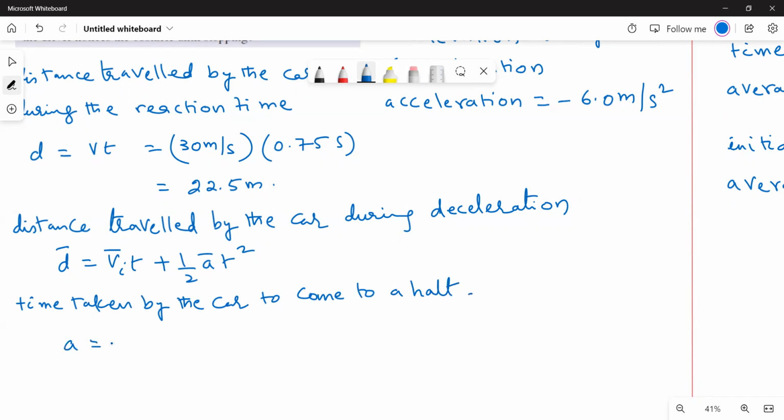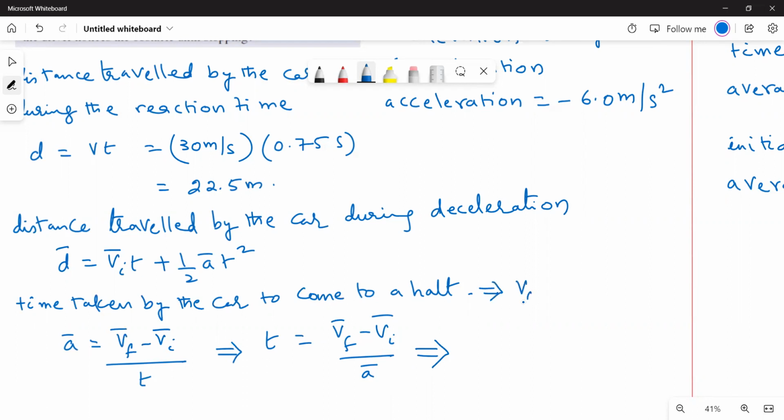A is equal to Vf minus Vi over T. So from this, we write T is equal to Vf minus Vi over A. Vf is 0 because the car is coming to a halt. So Vf is equal to 0. And Vi is given as 30 meters per second.